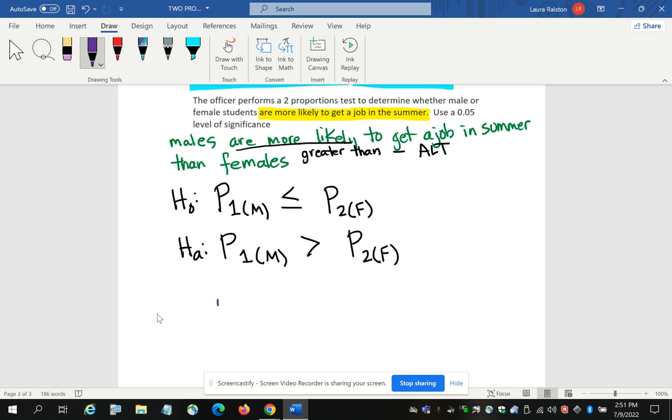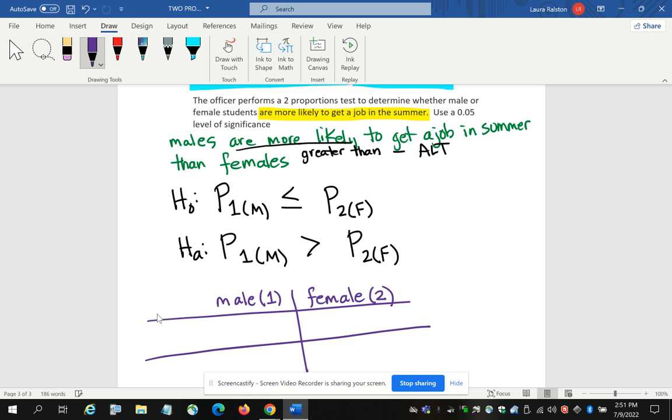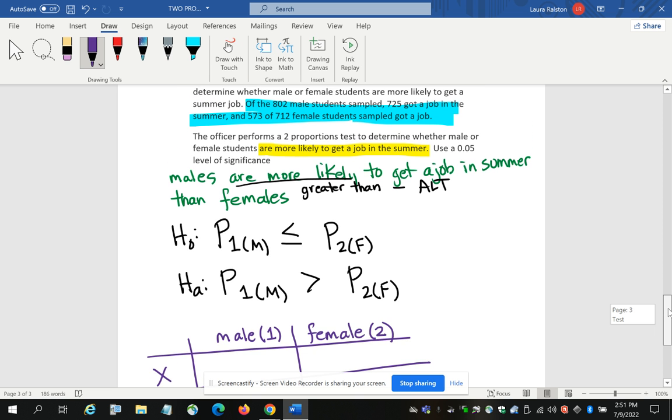So if I make a table, I'm going to have male, which is group 1, and female, which is group 2. And we have to think about the sample size and how many said yes, I had a summer job.